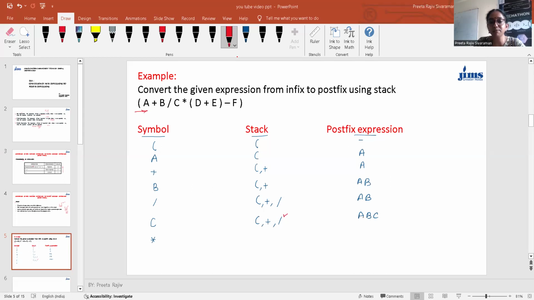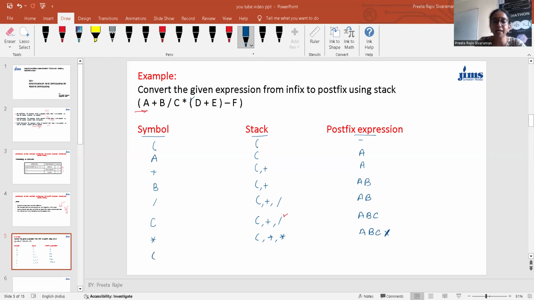So what we will do is pop out this divide operator, and we will push in the multiply operator. So the stack will now be opening bracket, plus and multiply, and we will pop out A, B, C and divide.